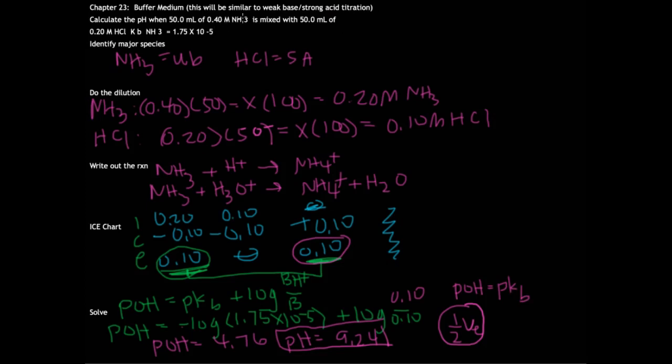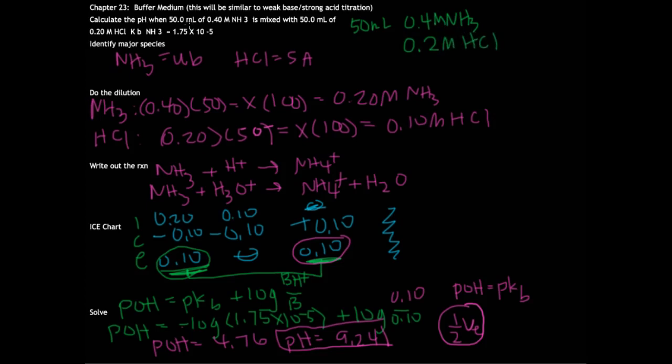Okay, now look at something interesting. I want to go back up here to the top and change my color. You have 50 milliliters of 0.4 molar base. You have the same exact amount of acid, HCl. The acid, sorry, is 0.2 molar.